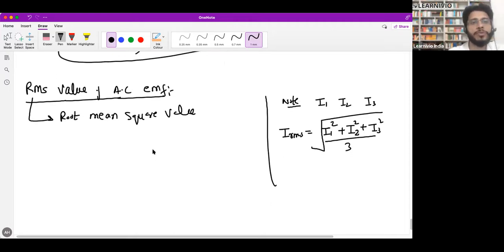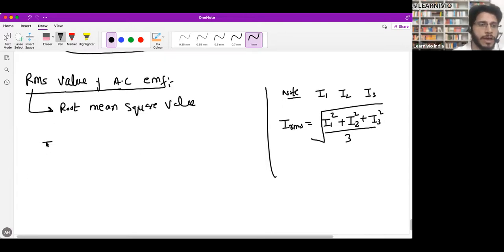So we need the RMS value of AC EMF. This is the method when you have individual values. But when you have a function, like the EMF function E naught sine omega t, for RMS we write E RMS as: first take square, E naught square sine square omega t.